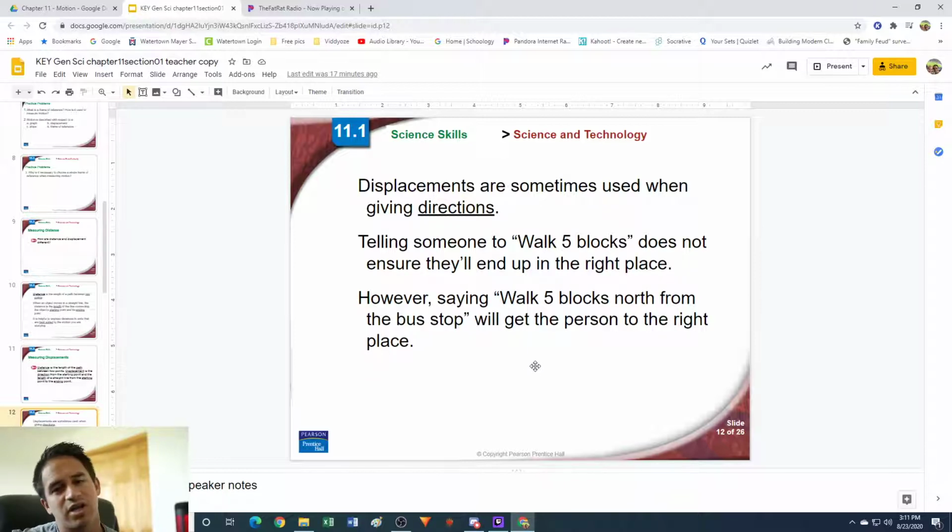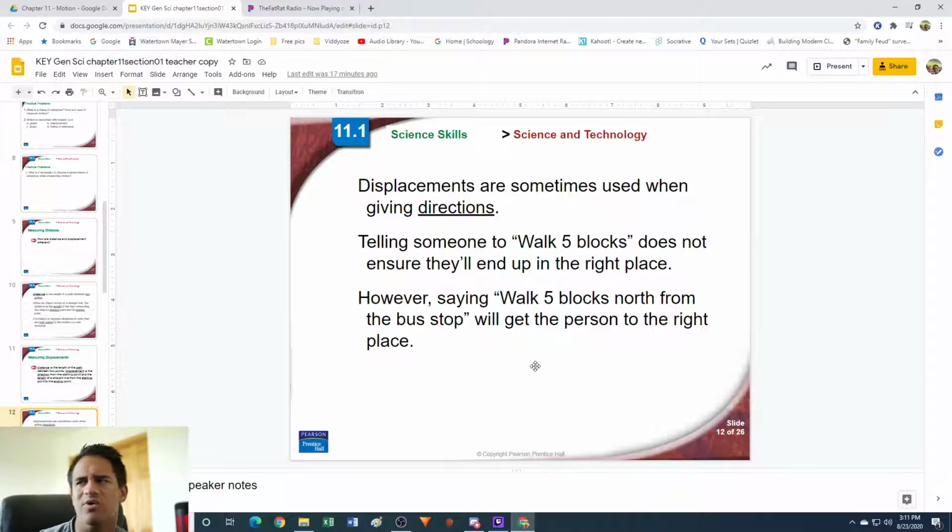All right, now, again, another example is like when you're giving directions to somebody. A lot of times when we give directions to people, we don't give distances, we give displacements. Now, a displacement includes a distance, but it also includes a direction. So, if someone, for example, were new in your town and they're like, oh man, I'm really hungry, I could really use some lunch. Is there any good place to eat around here?